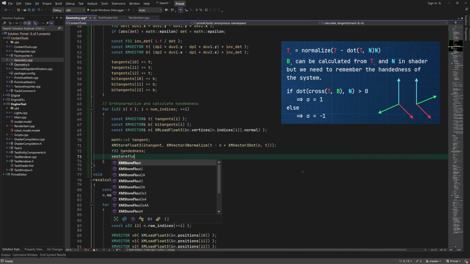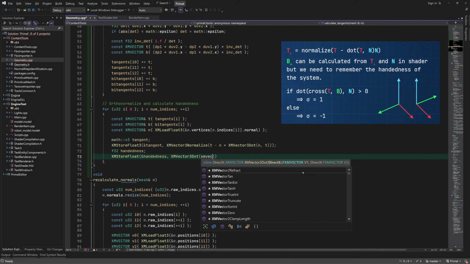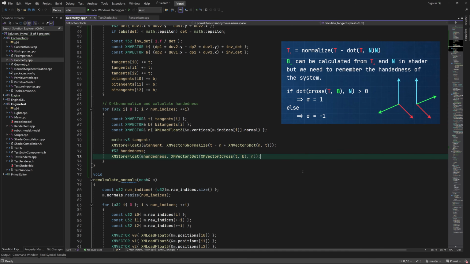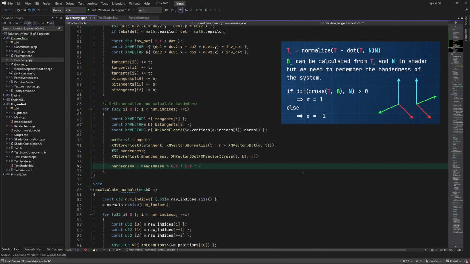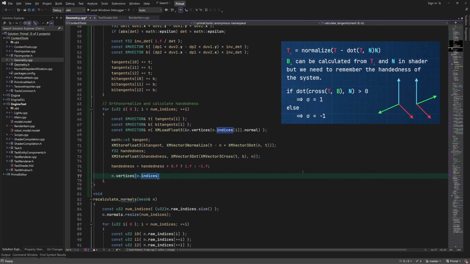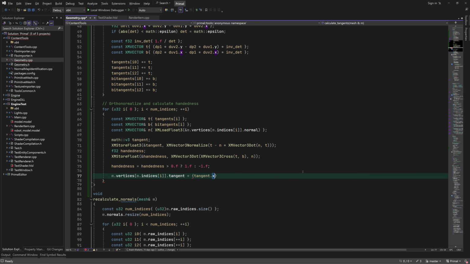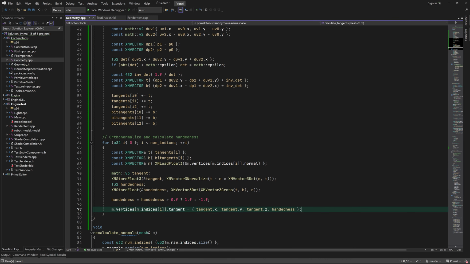Finally, we determine the handedness of the tangent frame and put it in the w component of the tangent vector. That's all we need for calculating tangent vectors.